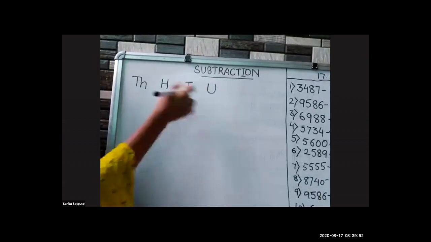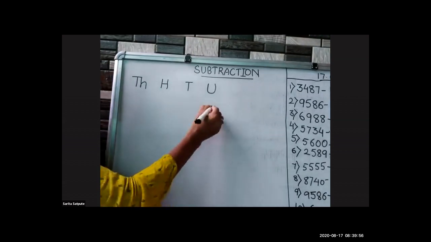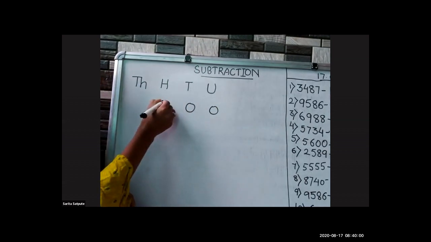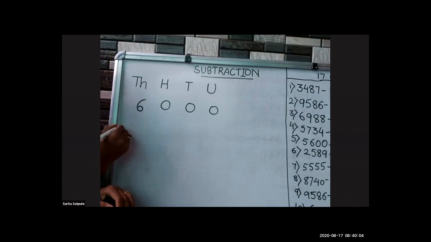Now, how should I write here? 0, 0, 0, 0, 6. Sign? Minus.